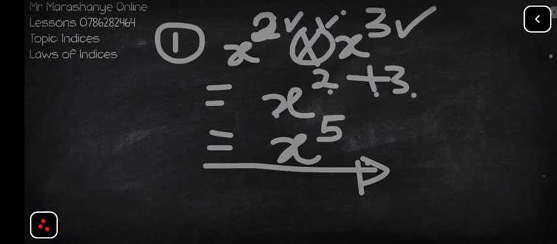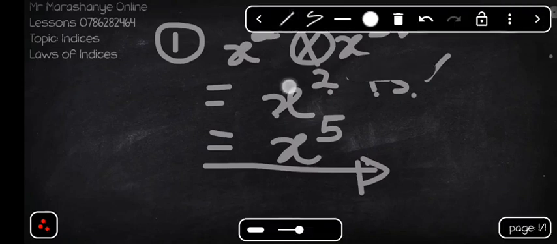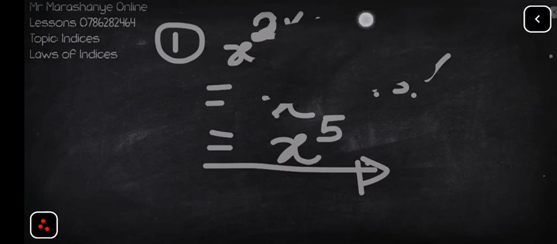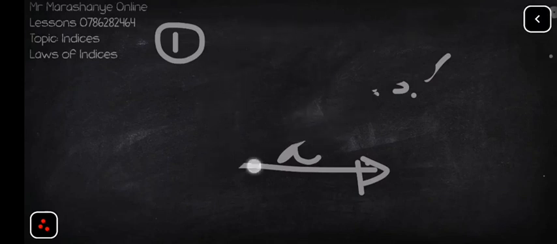When you multiply, you must add the powers, which means multiplication of indices means addition of powers. That is the meaning or the interpretation of law number 1. Okay, let me do example 2 on the same law.